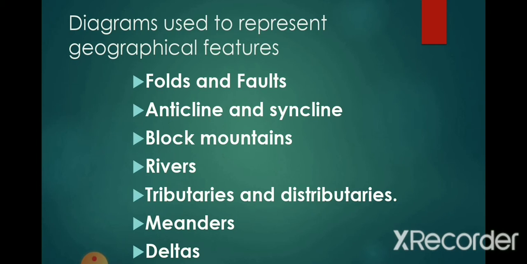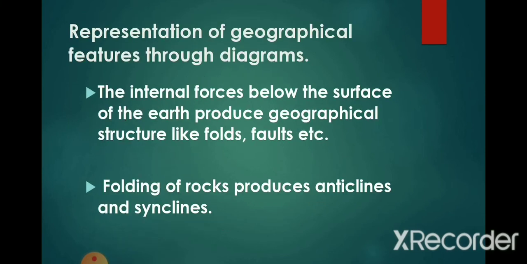These are the remaining portions we have to cover in this chapter. Now we'll start with faulting, the faults which we can see on the earth crust, and the results of that, which we'll study in this video. Now let's start the chapter.